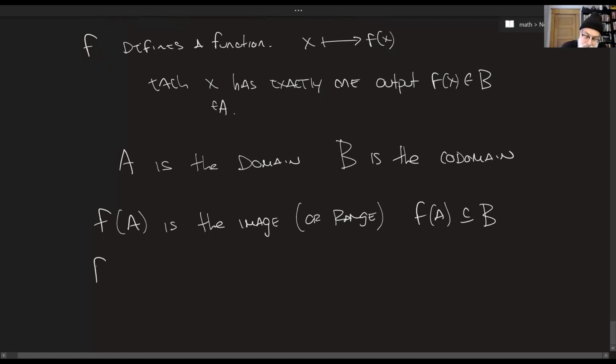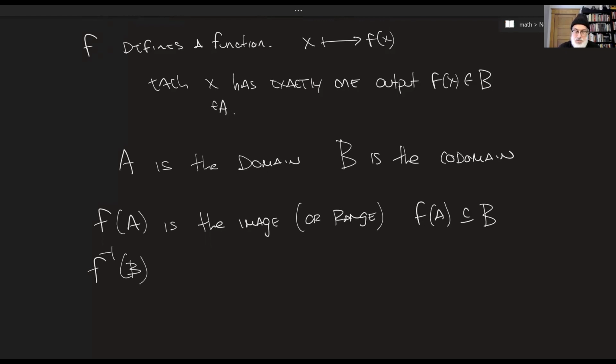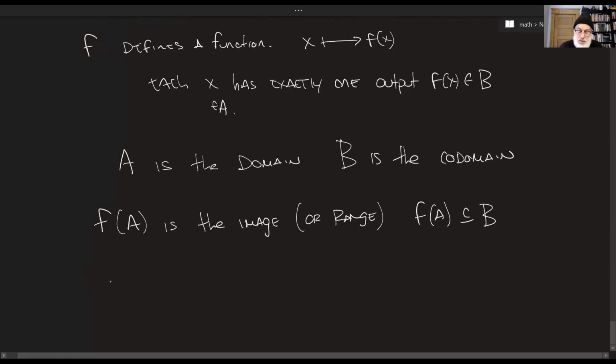Now, the preimage we define as being f with the inverse notation, f inverse of B. B is looking weird, so let me write that better. Is the preimage.